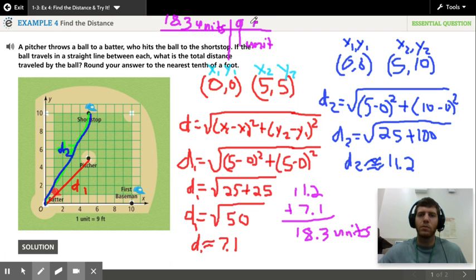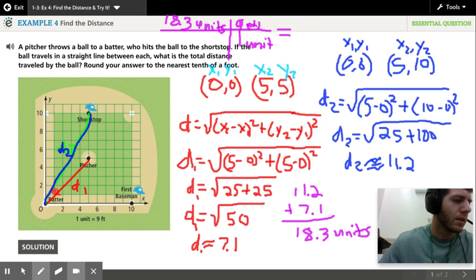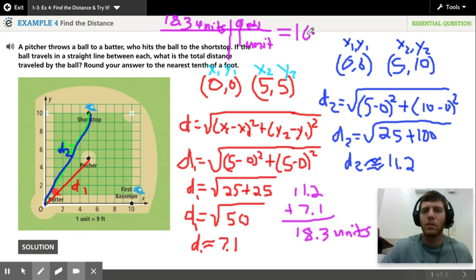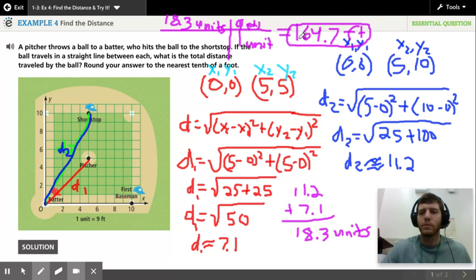So if we do our stoichiometry here, we're going 18.3 times 9 divided by 1. So 18.3 times 9. We're going to have to use our calculators on that one. 18.3 times 9 is going to give us 164.7 feet. And that's our distance traveled. Okay, so we had to use the distance formula twice.